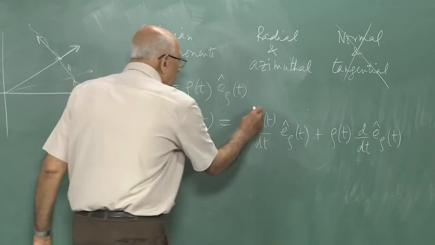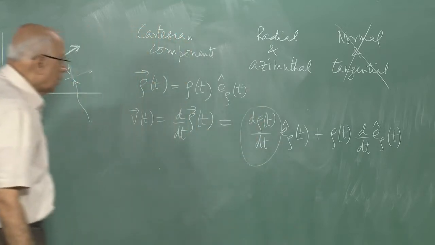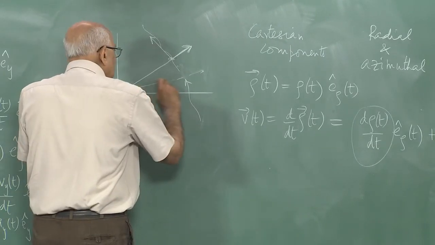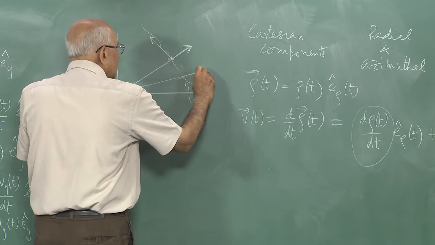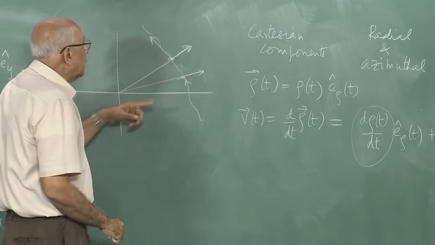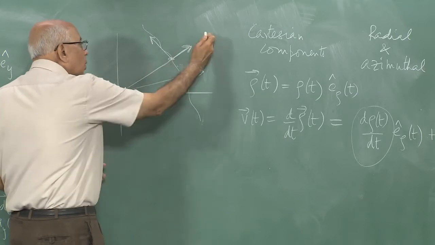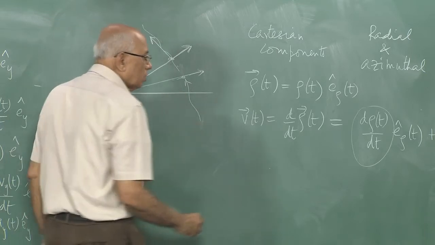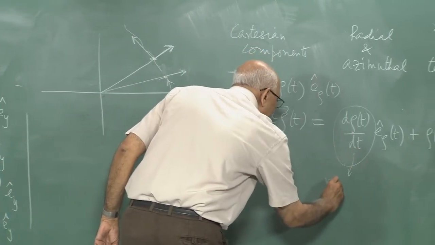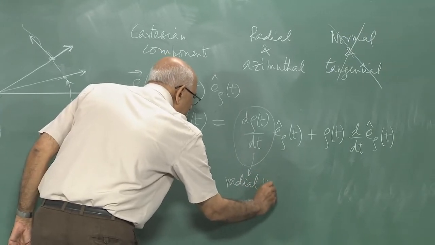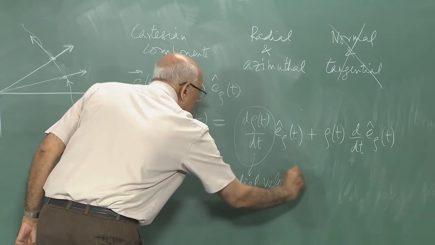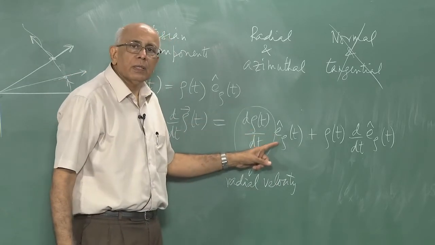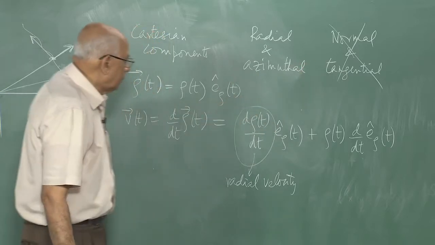Now what is the physical meaning of d rho over dt? It says if the distance from the origin was this much at time t, and that is the radius vector, a little later it could have come either closer or further away from the origin or remain exactly where it is, and that is the radial velocity. So this thing here is the radial velocity, because it is the component of the velocity in the direction of the radius vector from the point.